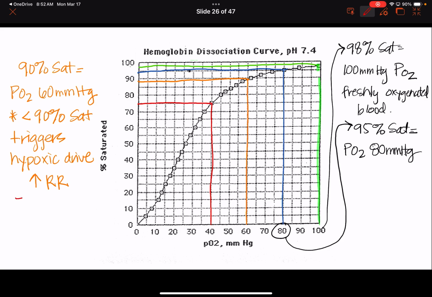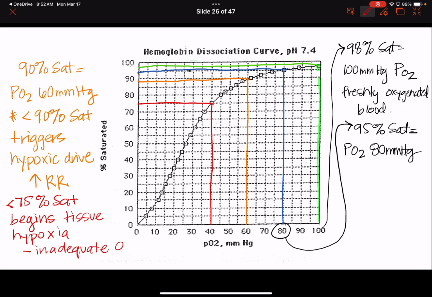So 75% saturation, or if you get less than that, is going to begin tissue hypoxia, which means that you are going to have inadequate oxygen delivery, where your tissues are not getting enough oxygen to sustain you.